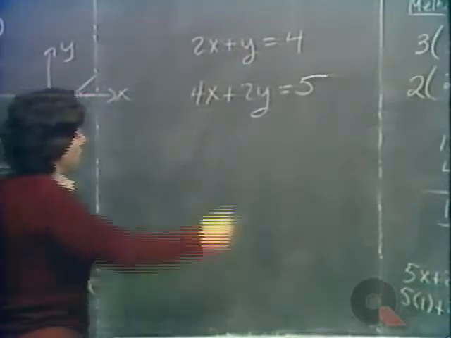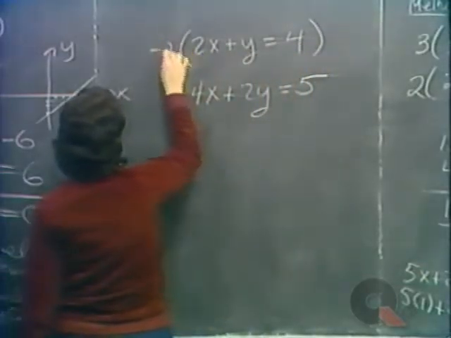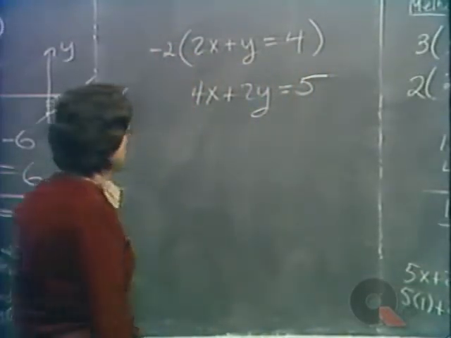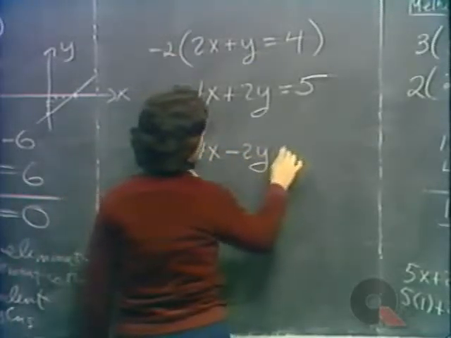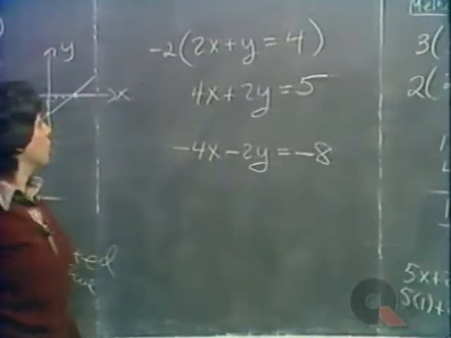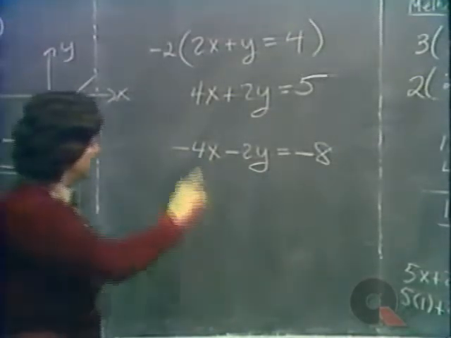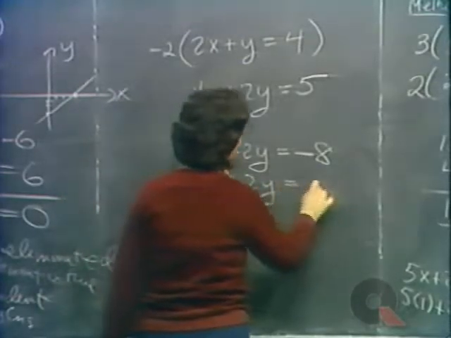Let's say I try to eliminate the variable y. I could multiply both sides of the top equation by minus 2. This would give me minus 4x minus 2y equals minus 8. Multiplying every term in the top equation by minus 2. Let's leave the bottom equation alone. 4x plus 2y equals 5.